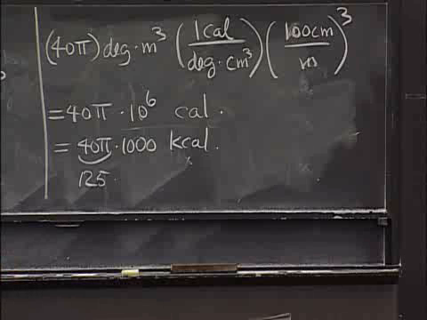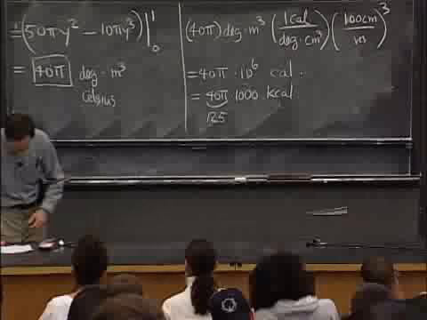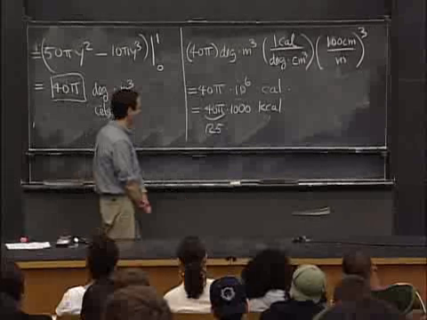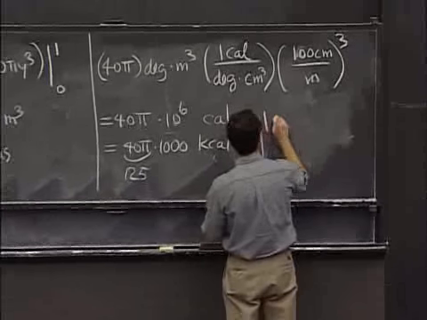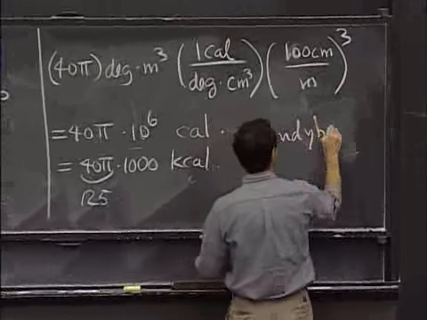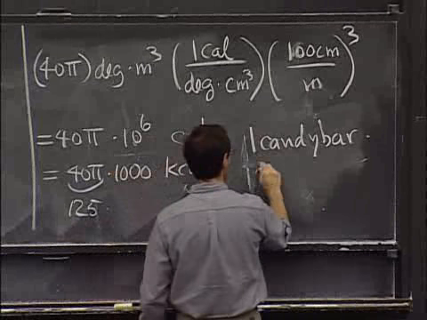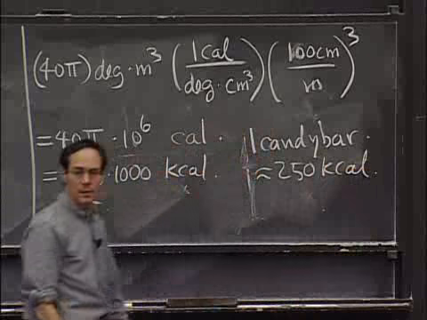Let's see, is that about right? Let's make sure I've got these numbers right. Yeah, this is about 125, 40 times pi. And so one candy bar, this is a Halloween example. So one candy bar is about 250 kilocalories. All right?